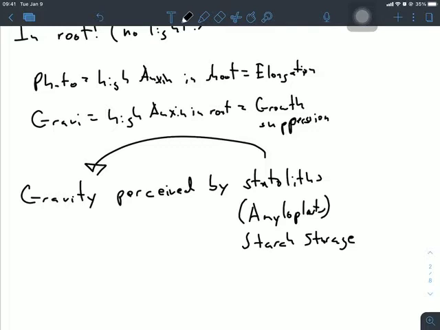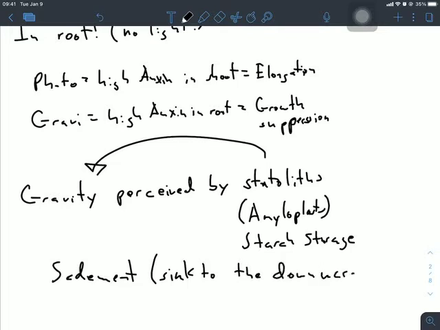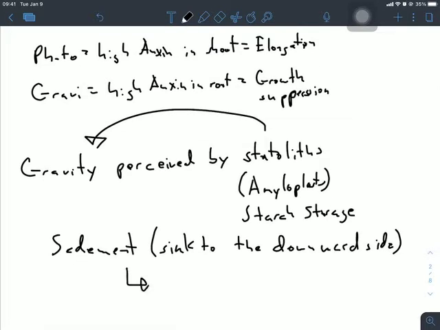Now, when these statoliths sediment or sink to the downward side, they actually drive pin relocation.